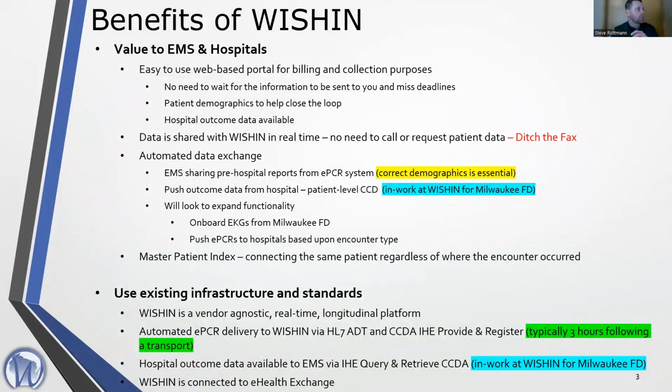Where it started was from a billing and collection purpose. We understood that EMS were struggling to get hospital face sheets, or the face sheets that they had were oftentimes incomplete, and getting that data in a timely way to meet the billing requirements is something that we could fast track and in some cases automate. So that's how the relationships with EMS began.